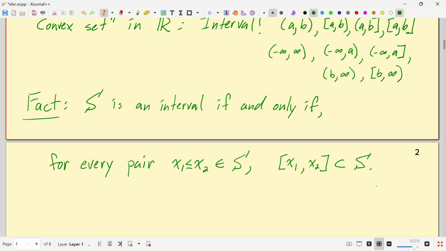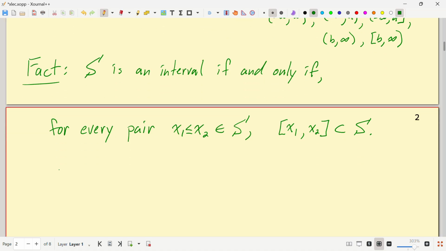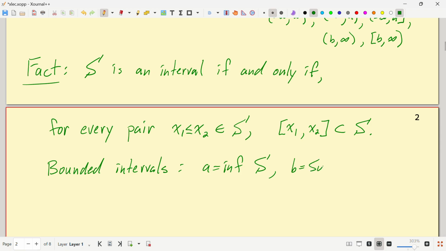And of course, the bounded sets, the bounded intervals, A would be the inf of the set, and B would be the sup of the set.